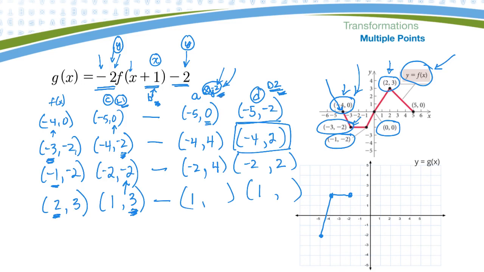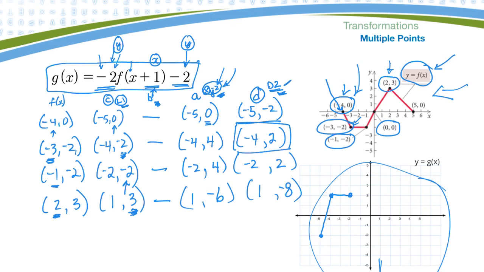So 3 times negative 2 is a negative 6. And then I need to move it down 2, so that'll be negative 8. So the point 1 and negative 8, oh, that's way down there somewhere, will be my next point. And then all you do is join all the dots, and the graph that you have finished will be your transformed graph of this top one based on that pattern or that model right there.